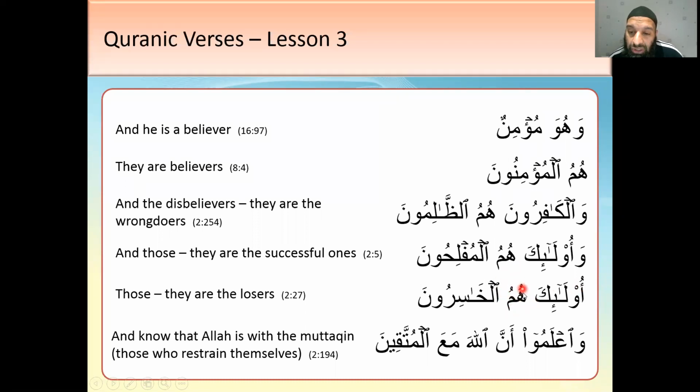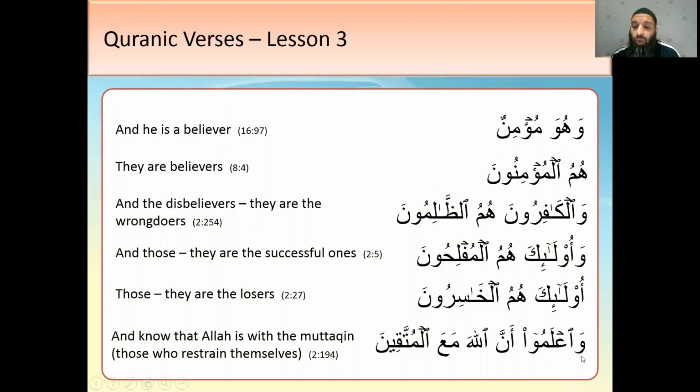Those, only those, only them. Al-khasirun. You have to know what khasir means. Once you know khasir means loser, you're going to know that una makes it losers. So ulaika, those, hum, they, al-khasirun are the losers because of the una. So plurals are very important, and the masculine plurals are very, very important. Una and ina.